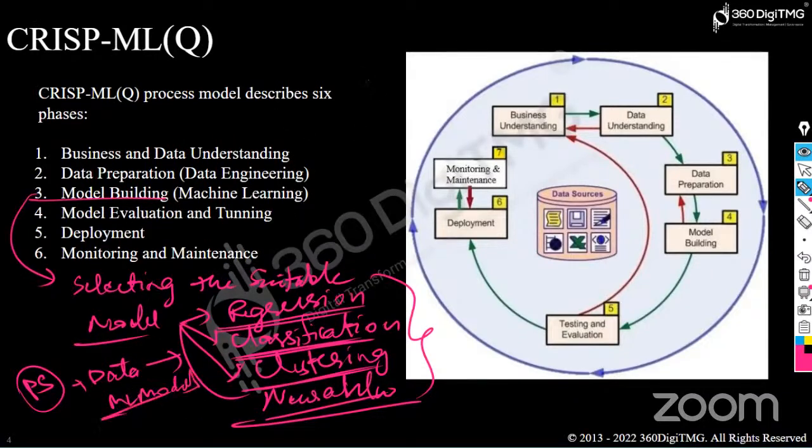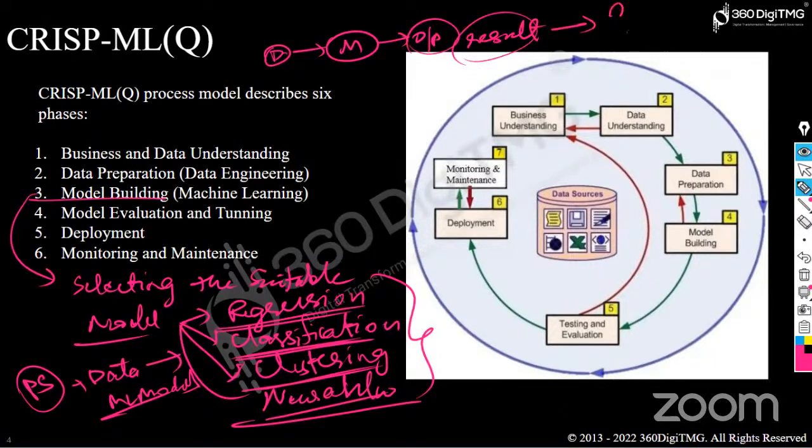So after passing our data through the model, you'll be getting some output or result. These results need to be evaluated, whether it is correct or wrong. So model evaluation and tuning. Why is tuning required?